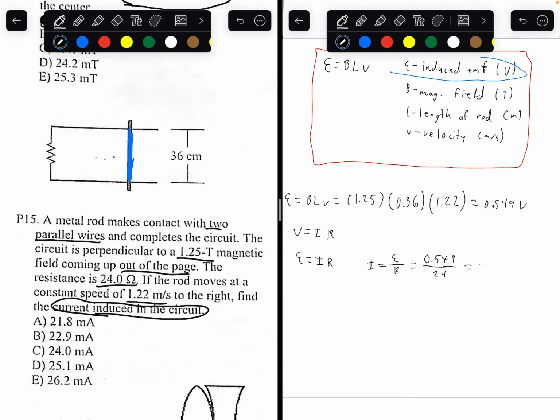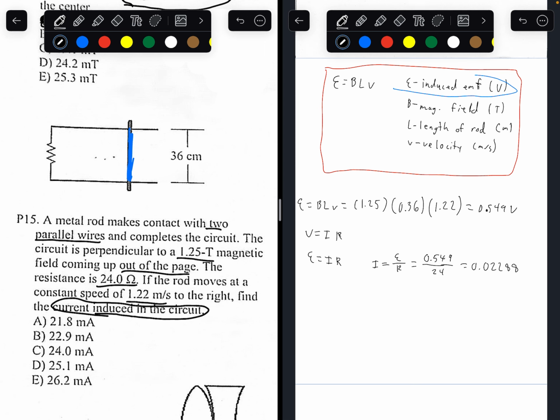Divided by 24, you would get 0.0228. That's how many amps you're going to get. But you want to find that in milliamps, so you multiply by 1,000. 22.88 milliamps, or 22.9 milliamps. So the answer is 22.9 or letter B.